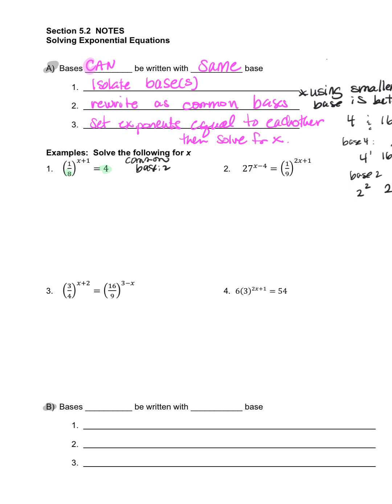1 over 8 is really 1 over 2 cubed, and that's raised to x plus 1. But remember, when you have a fraction, you want to change that to a negative exponent.